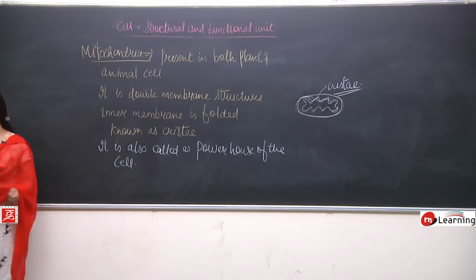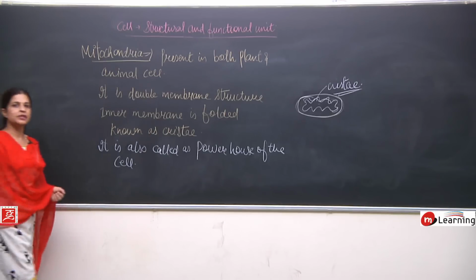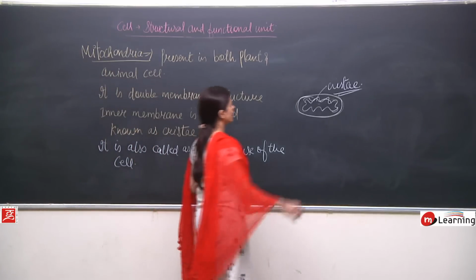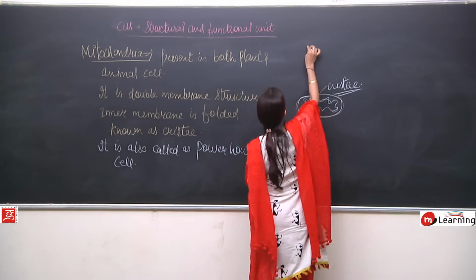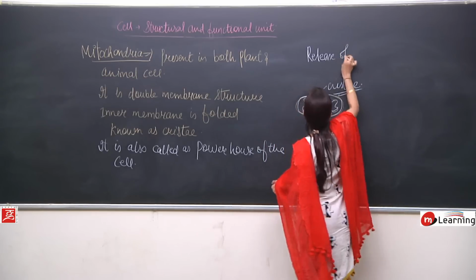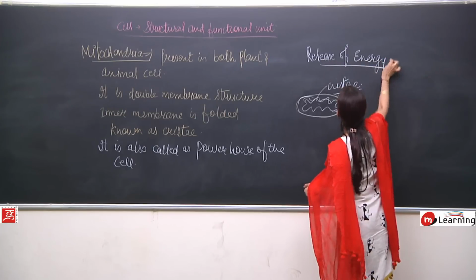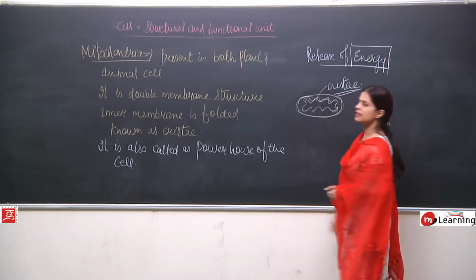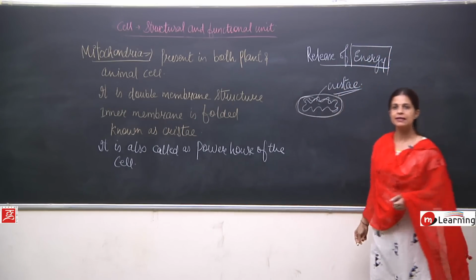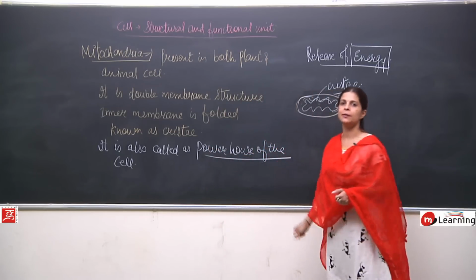Why is it called the powerhouse of the cell? Because it is responsible for the release of energy. That means the energy is released due to mitochondria, and that is the reason it is known as the powerhouse of the cell.